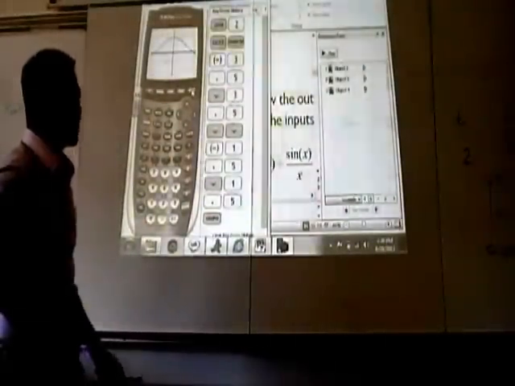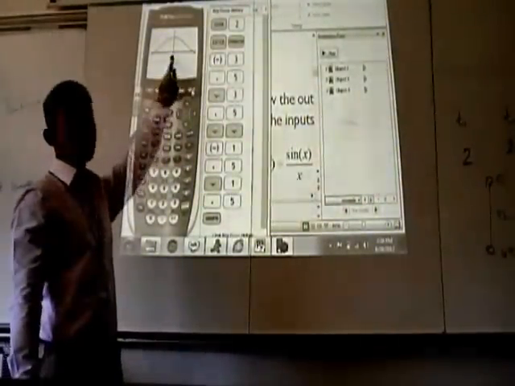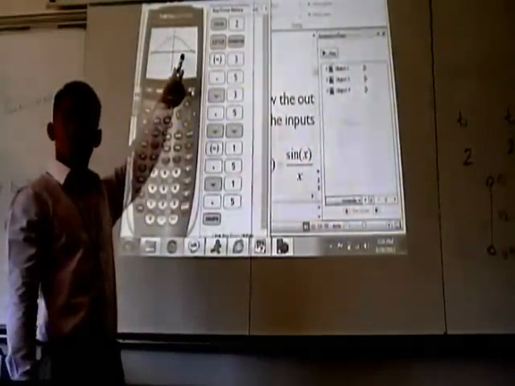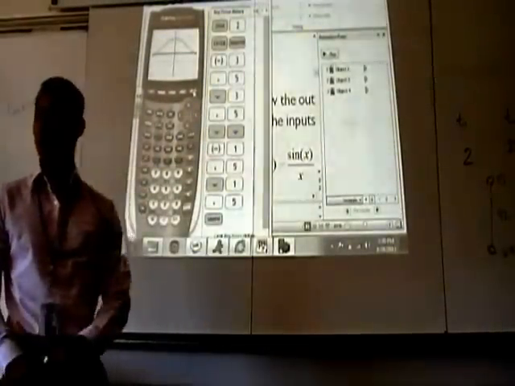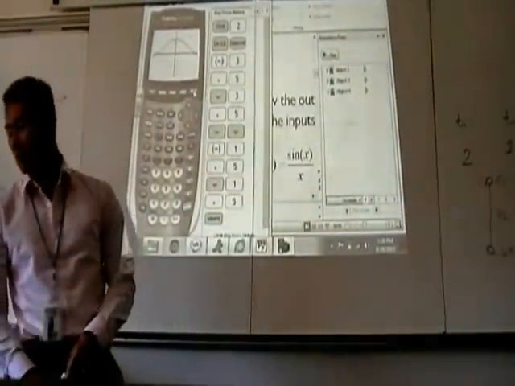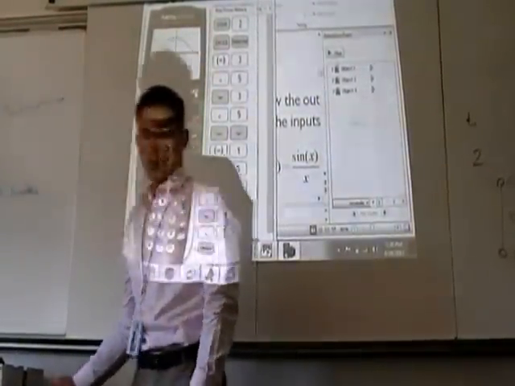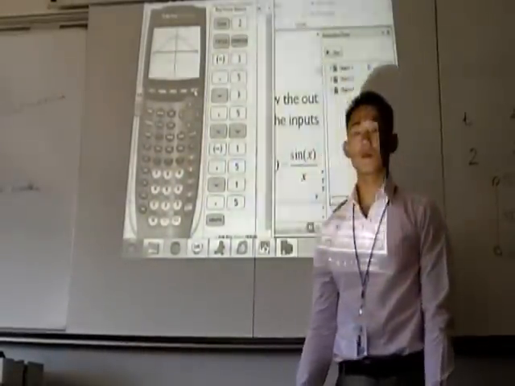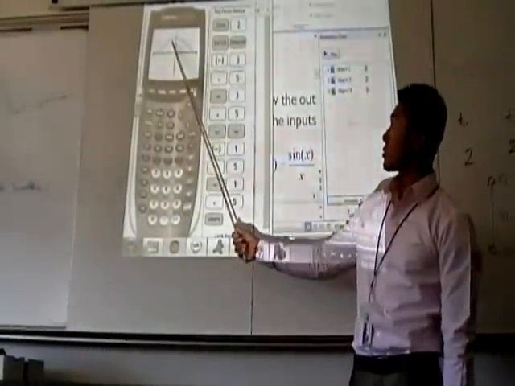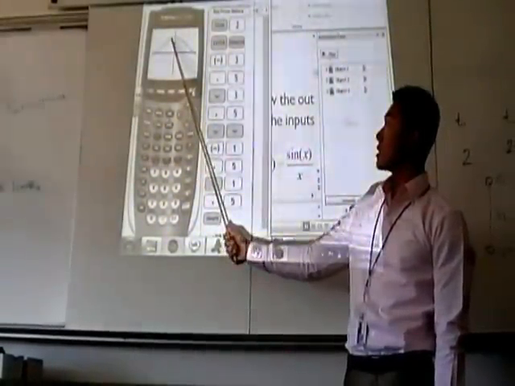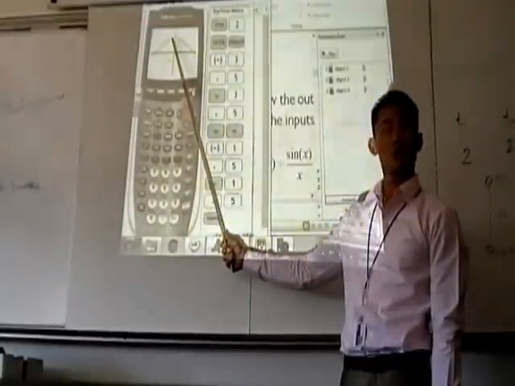So when x approaches 0, what does it look like the graph is going to equal? 1. Yeah, when x approaches 0, here's 0. It looks like the graph is at 1.